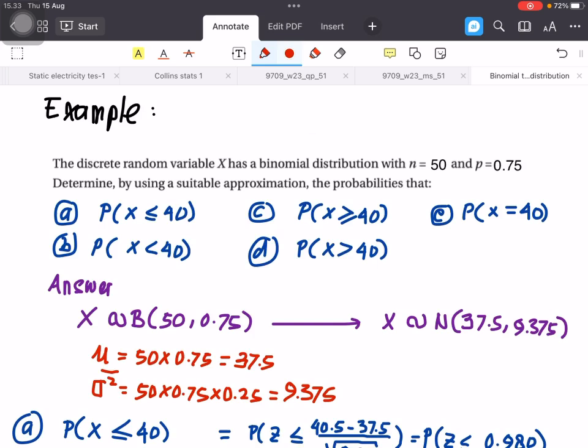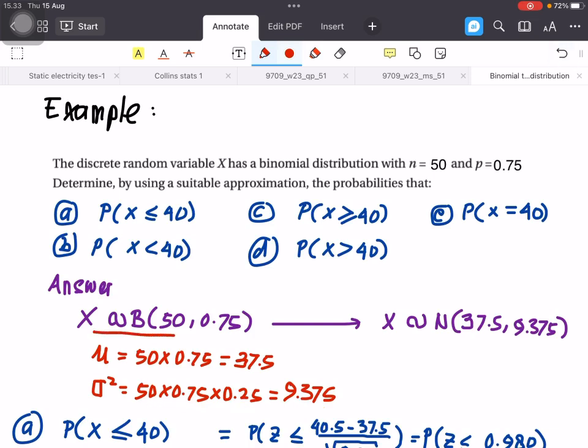So we need to change the parameters in binomial into the parameters in normal. First find the value of mu: n times p equals 50 times 0.75, which is equal to 37.5. And then we find the variance using the formula n times p times q. The answer is 9.375.